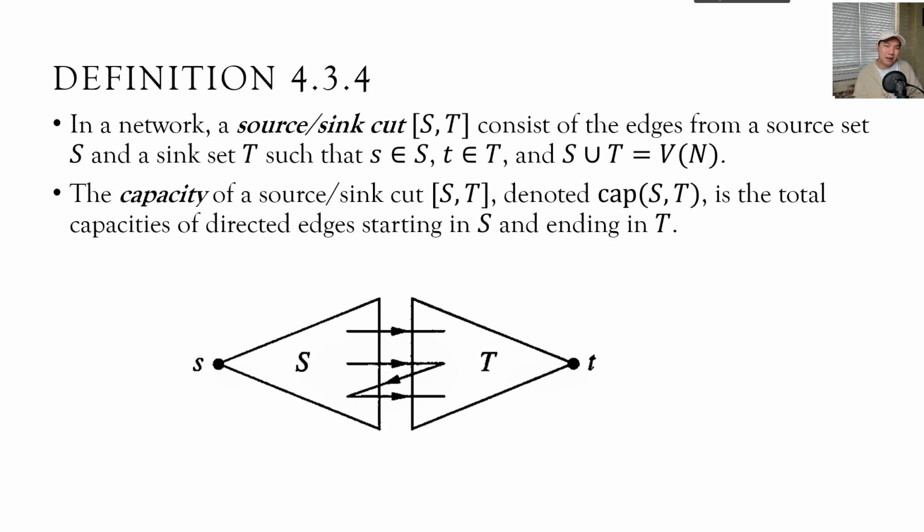So the capacity of a cut, denoted by cap S, T, is the total capacities of the directed edges that start in S and end in T.